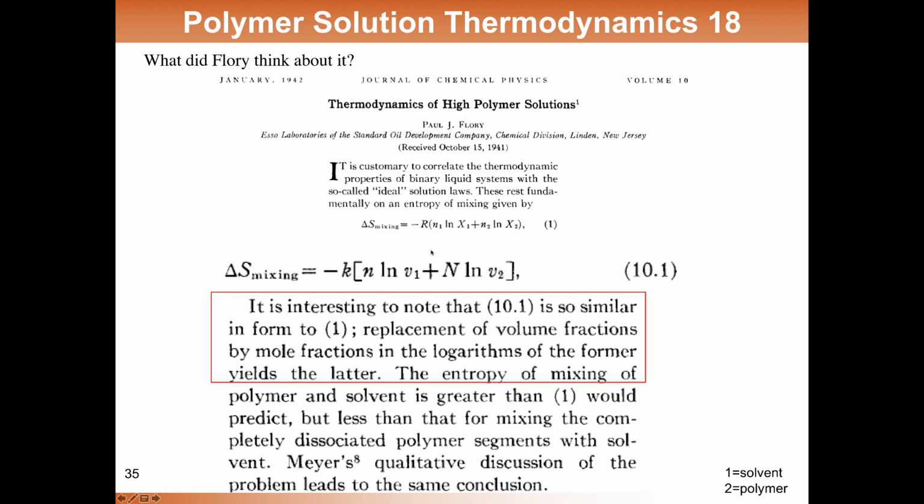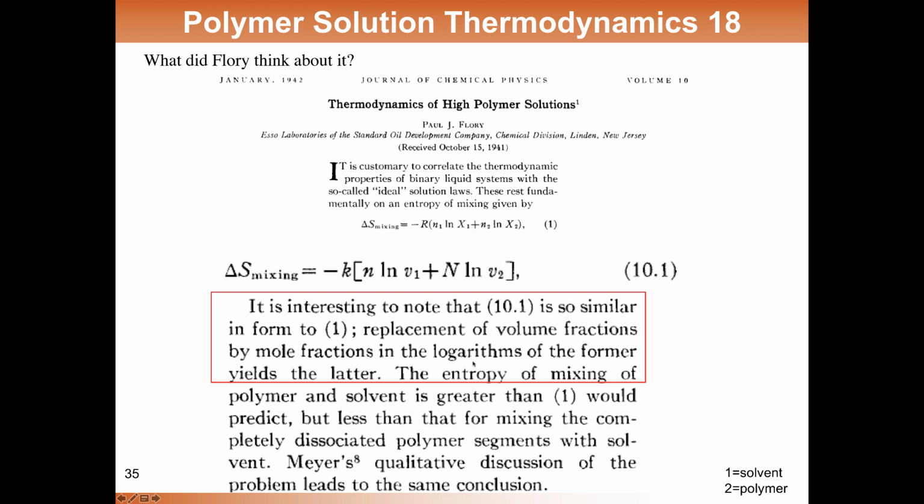Now, there's a little bit of nomenclature issue here. Equation 1 is the ideal solution result, and instead of using lowercase x for mole fraction, he uses uppercase X. And in the polymer case, instead of using Phi1 and Phi2 as solvent and polymer volume fractions, he uses V1 and V2. He noted that it's interesting that 10.1, the expression for the delta S of mixing in the polymer-solvent system, is so similar in form to the ideal solution result.